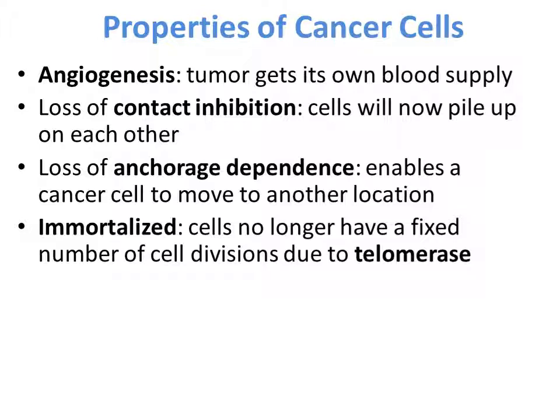The last thing we know is that cells become immortalized. Cells no longer have a fixed number of cell divisions, and this is due to altered telomerase activity. Our telomeres are the ends of our chromosomes, and over time, as cells replicate, our telomeres get shorter and shorter. That is, unless we have telomerase activity, which is something that stem cells usually have, is high telomerase activity, in which the telomeres are extended repeatedly.